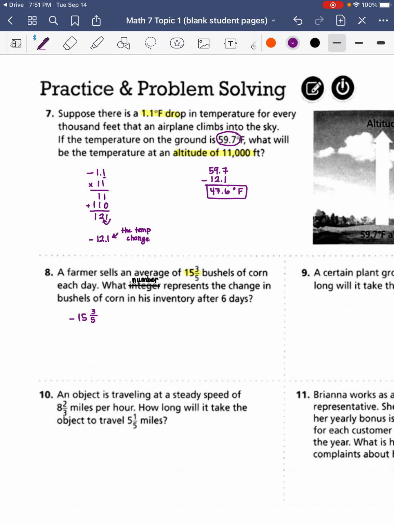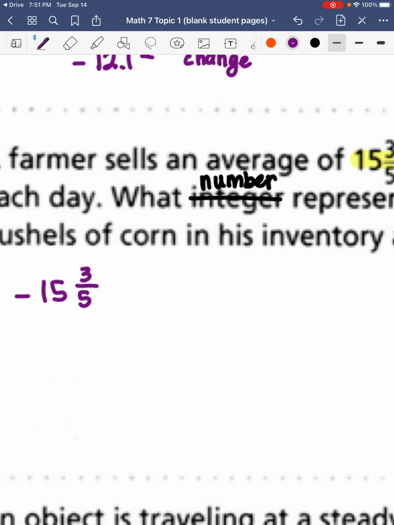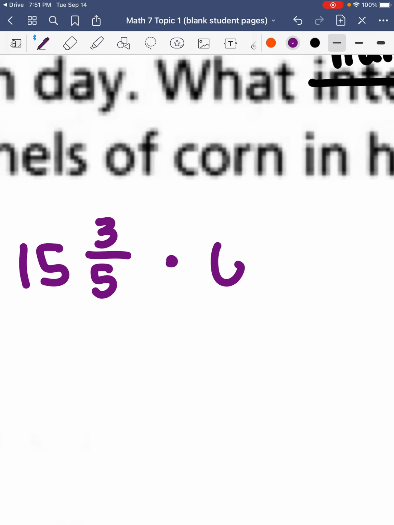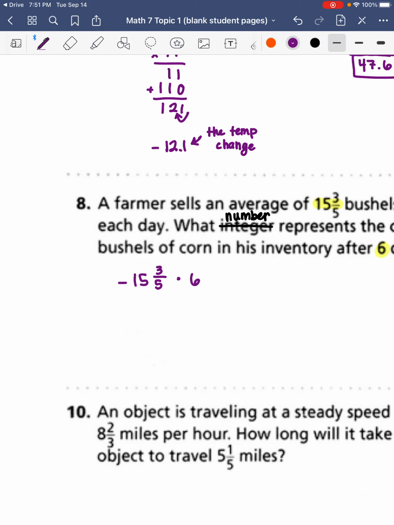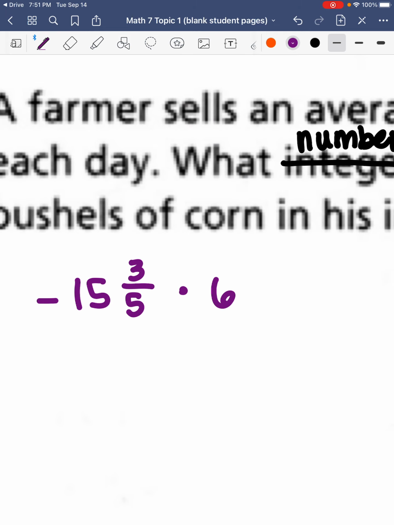But we want to know what is the change in his inventory after 6 days. So I'm going to multiply this times 6. Now before I do any math, I know that my answer has to be negative. How do I know it has to be negative? Well, I have a negative number times a positive number. Different signs means my answer has to be negative.